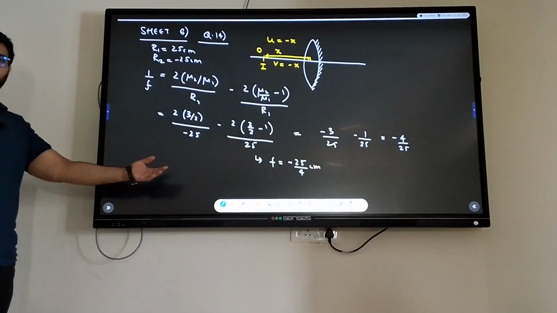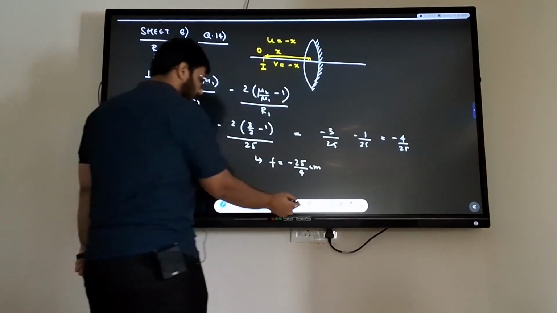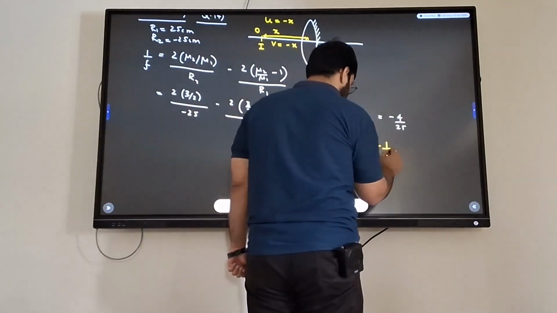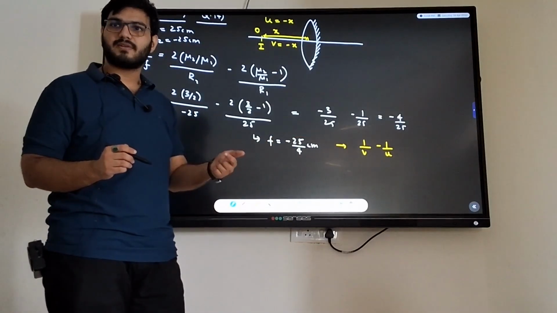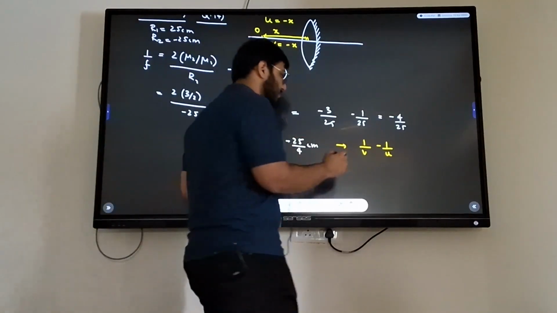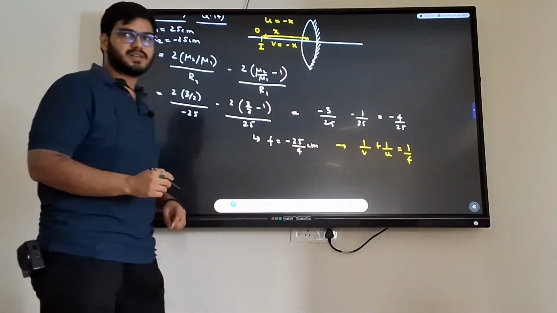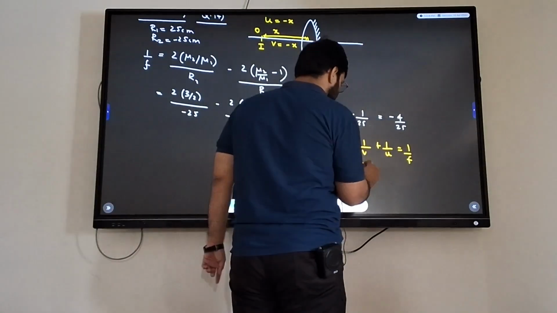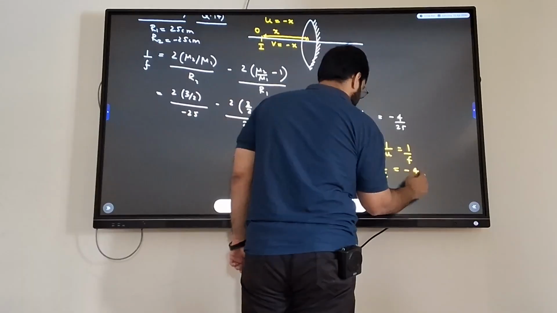Now that I have my focal length, can I use it in the lens formula and get the answer? It's fairly simple now. By the way, should I use 1 by v minus 1 by u or 1 by v plus 1 by u? Should be plus. I was making a mistake with this. It follows the mirror formula actually. Then minus 1 by x minus 1 by x equals minus 4 by 25.